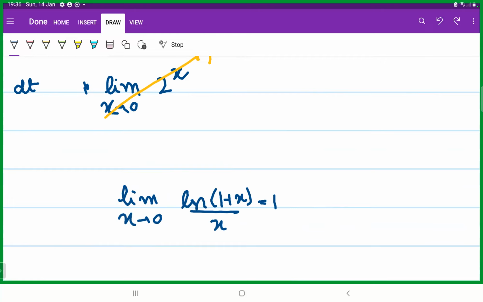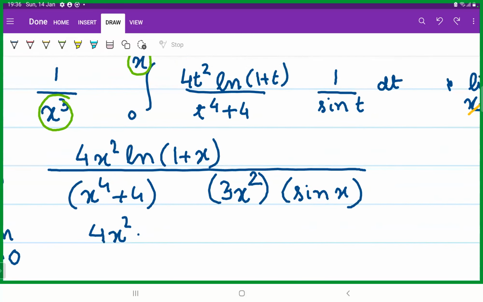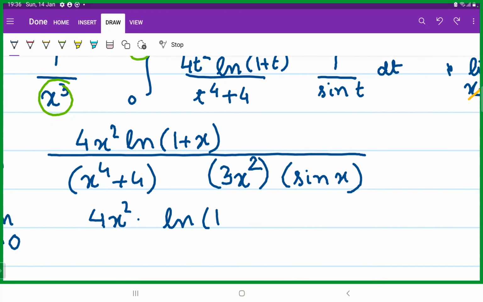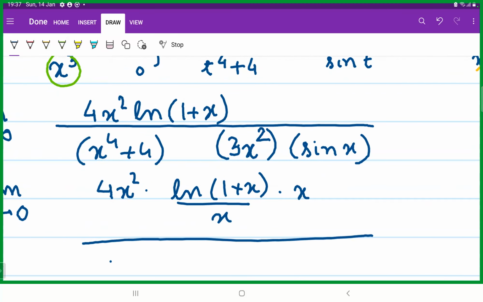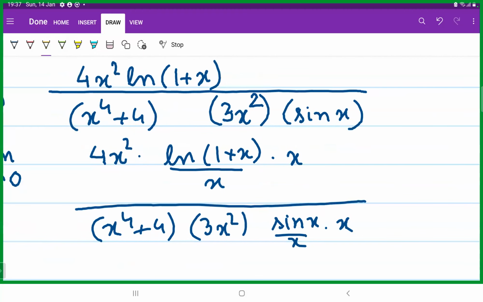So I'm going to apply that property over here. This will be ln 1 plus x divided by x multiplied by x. This thing will be equal to 1, right? Again, in the numerator, limit x tends to 0, sin x by x will also tend to 1, right? Sin x by x multiplied by x, this will also tend to 1.